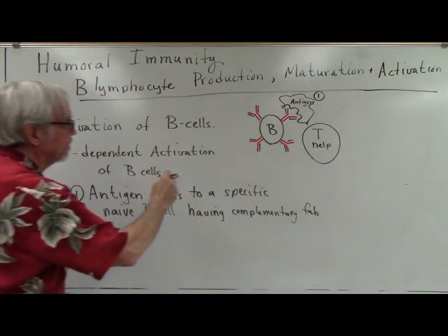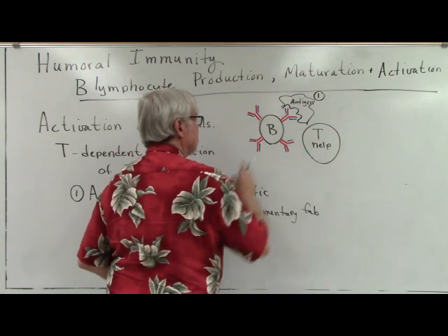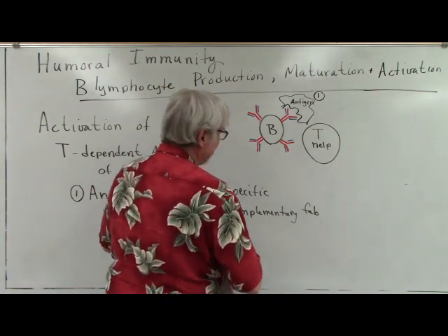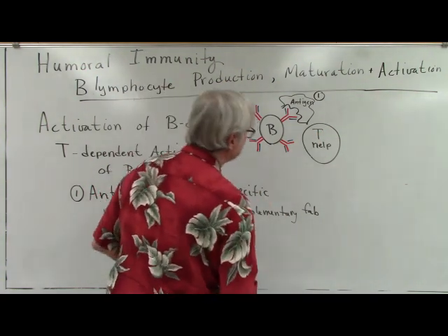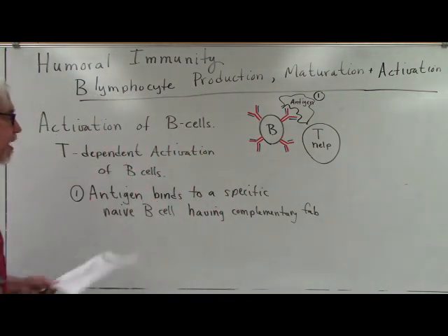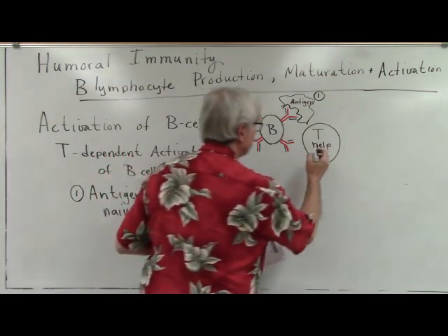So the T helper recognizes that the B cell's got a problem here. They form a relationship. That's its job. Help.